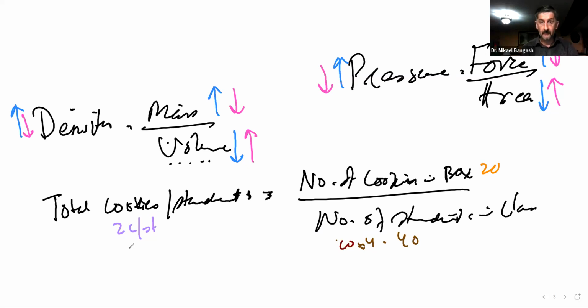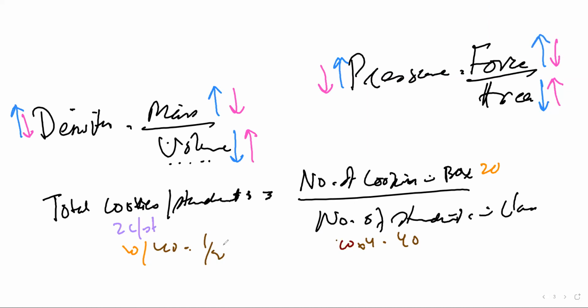So what are you going to have? 20 cookies divided amongst 40 students. So how many cookies will each student get? Half a cookie. Did that make sense? Good.